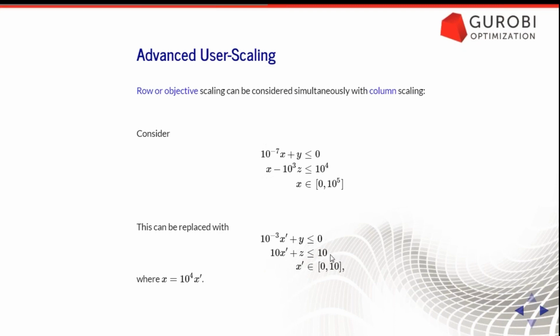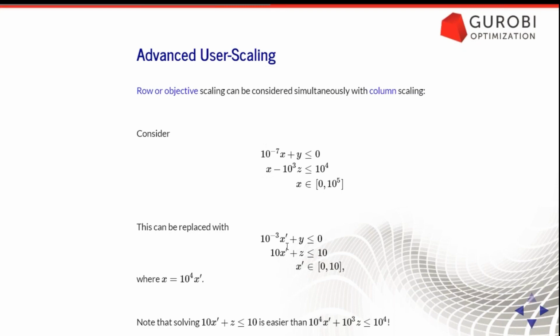Instead of having 10 to the 4 x prime here and 10 to the 3 z and 10 to the 4 here, I have this simpler expression. So by combining, I move from a world where I had 10 orders of magnitude of difference in the coefficients in the matrix to only 4, which is better.